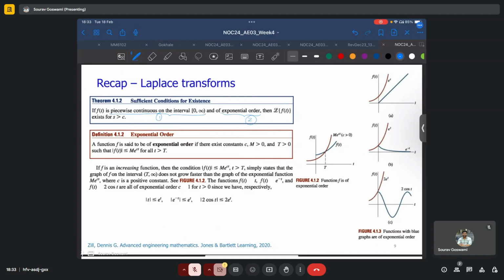What is c? For that, we need to see what is meant by this second condition, that the function has to be of exponential order.